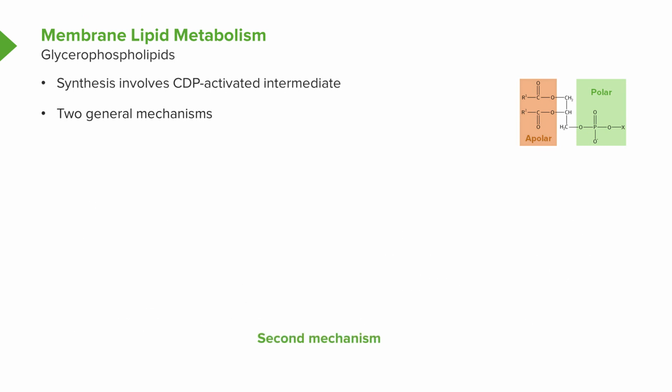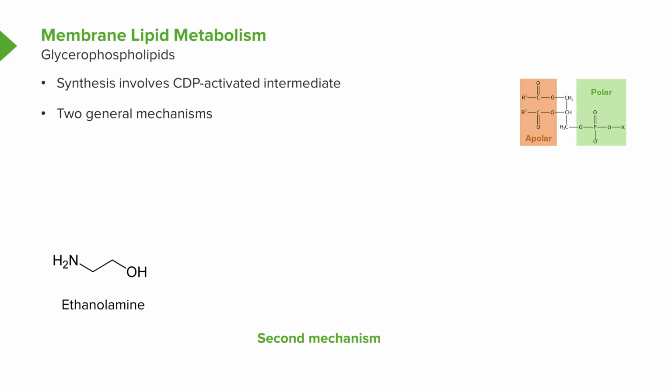Now, the second mechanism for the synthesis of the glycerophospholipids sort of flips around the use of the activated intermediate, as we shall see. So, first of all, here's a compound that we want to add to the phosphatidyl part as an X on the figure in the upper right. This is ethanolamine. In order to do this, we activate ethanolamine using the CDP. Before, we activated the phosphatidyl compound with the CDP.